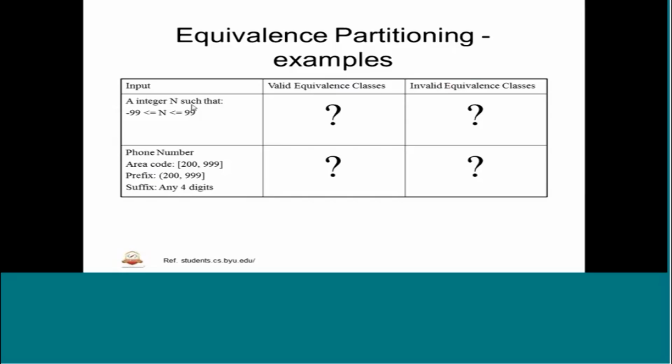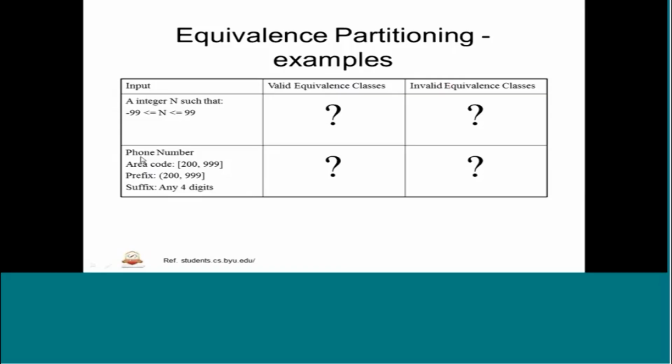Integer n such that n takes values from -99 to +99. So that is the input for a requirement. What are the valid equivalence classes that we can arrive at, and what are the invalid equivalence classes that we can arrive at for this particular input set?